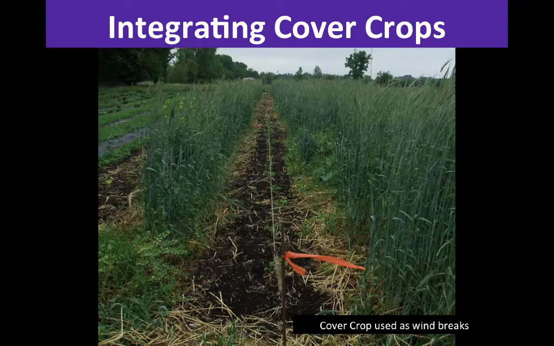So in this case what we did was we went through with a sickle bar mower and cut down that cover crop. Then we tilled it in using strip tillage essentially. And then you can see what's left behind is basically a corridor within the cover crop where we can plant our cash crop. And what this does is it provides a nice windbreak to keep those blowing early spring and early summer winds off of these young transplants.